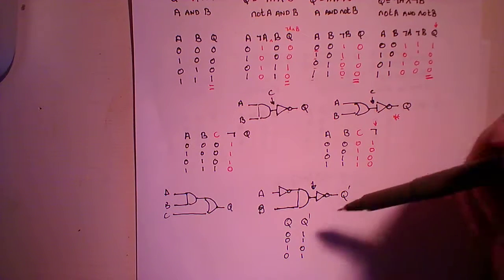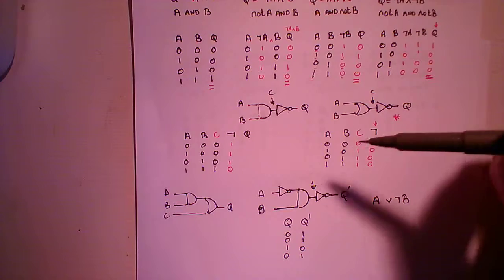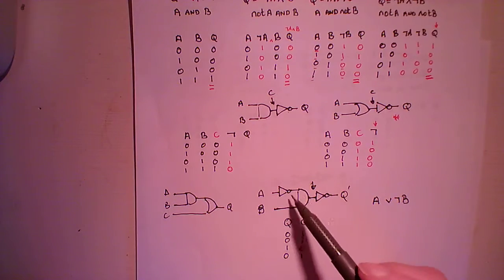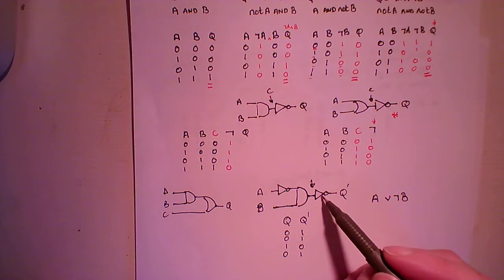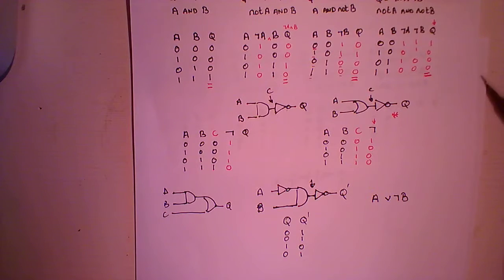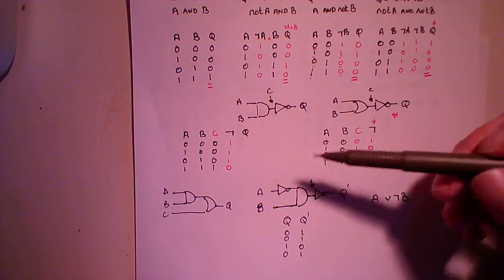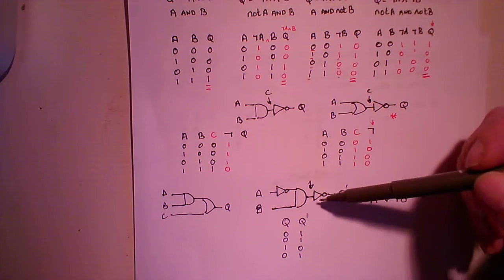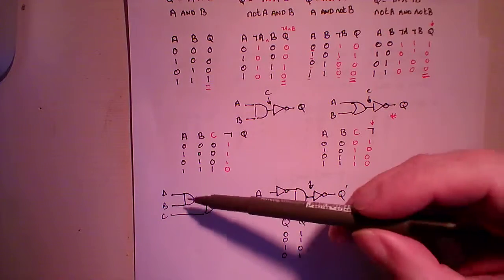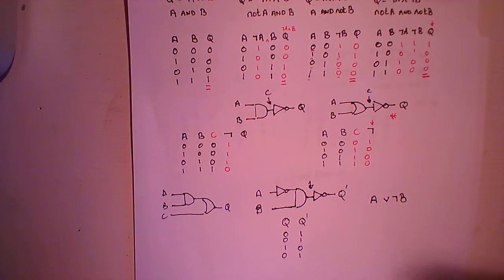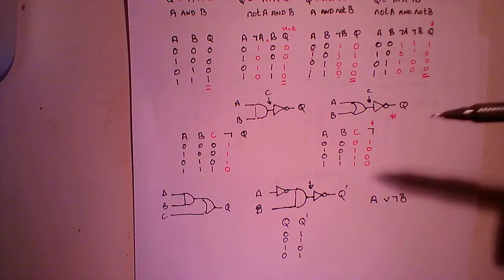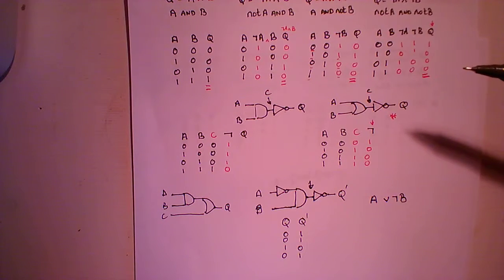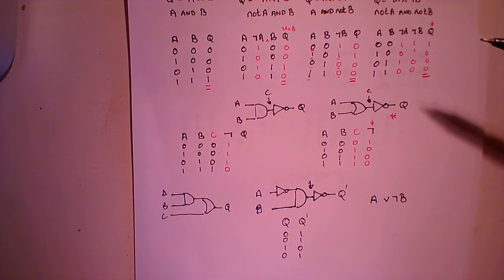So don't worry too much about these. Do what I did. Just use the result and invert it. But don't forget, this has got 3, so I wouldn't expect to see it. This has got 3, so I wouldn't expect to see it. And that really sums up our logic at the moment. We can go on forever and ever.